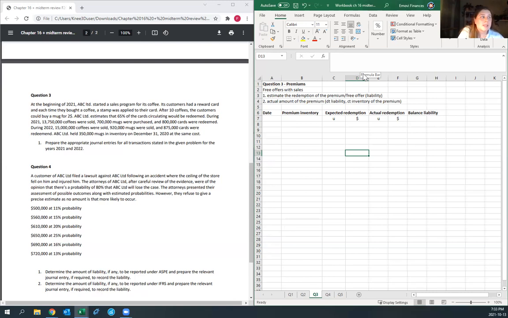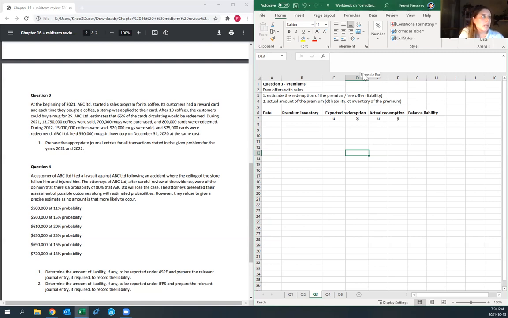You first have to estimate the redemption of the premium free offer. How much do you think people are going to redeem, and put a dollar value to it? That's going to go in your liability. Then for the actual amount of the premium, you reduce your liability and you credit the inventory of the premium. So in that case, I would have credited the inventory of the puppets.